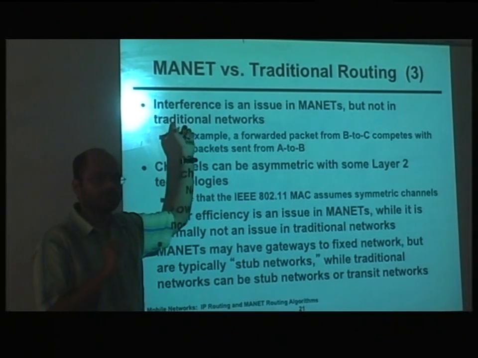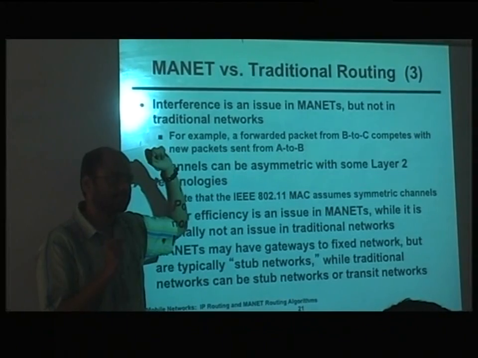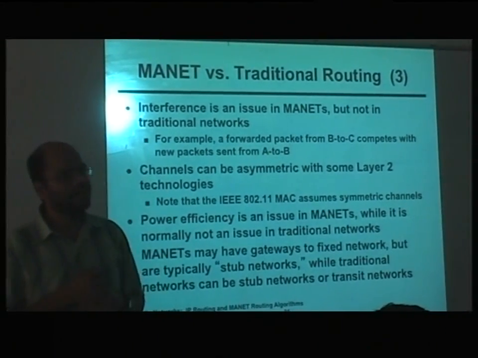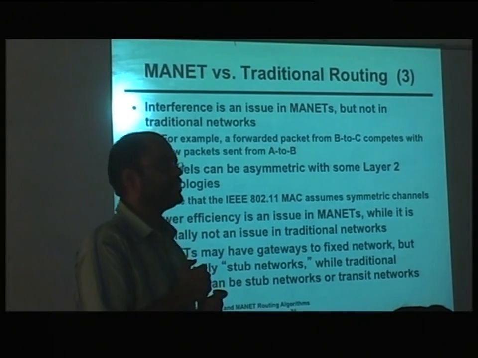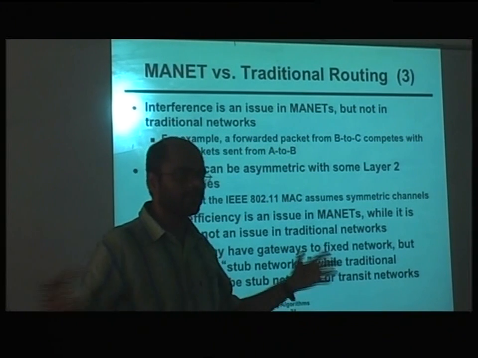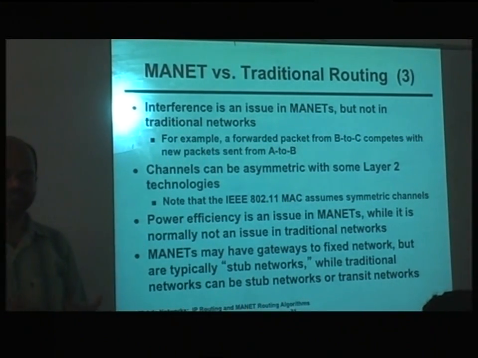Interference is the issue. Everybody knows what interference is in wireless. So what is the simplest case of interference? If I am talking and you are also talking at the same time, that is interference.